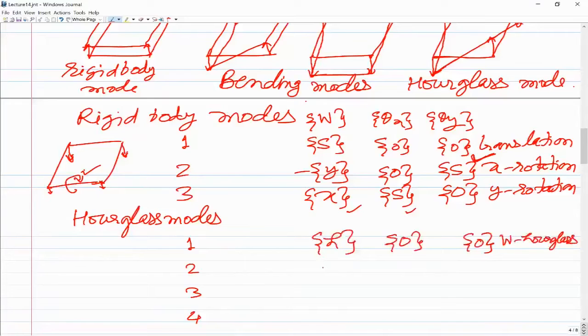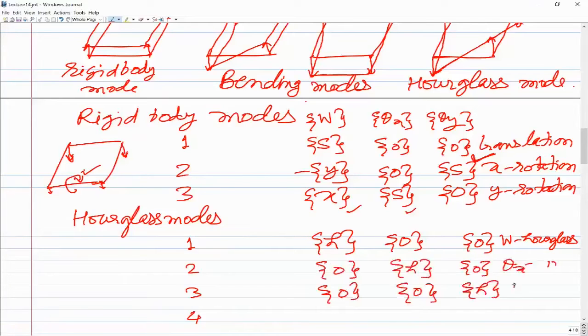Theta x hourglass means in terms of theta x, you will have h here, and this is 0. So this is theta x hourglass. In the theta y hourglass, you will have these two as null vectors, and this will be equal to h. So that would be theta y hourglass.